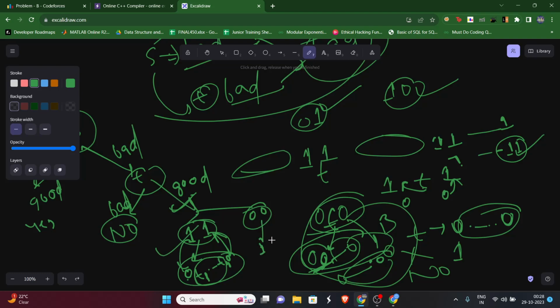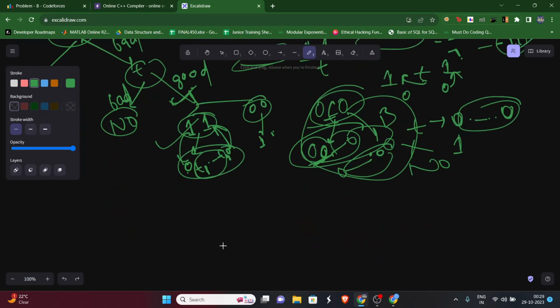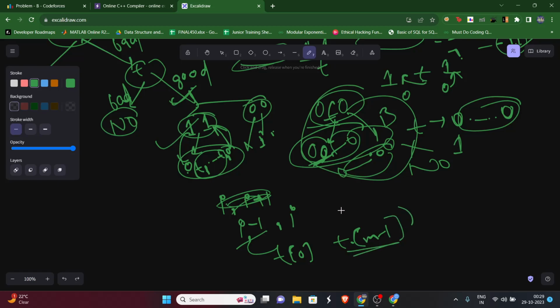Similarly here it should be 1 or 1, or we can simply write that whatever position we have, let's say it was position i, then i minus 1 comma i. So we can simply say that t of 0 should not be equal to s of i minus 1, and similarly t dot back, or t of m minus 1, considering that m is the size of t, should not be equal to s of i.